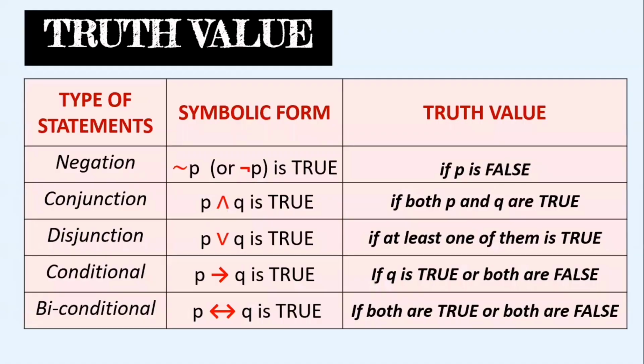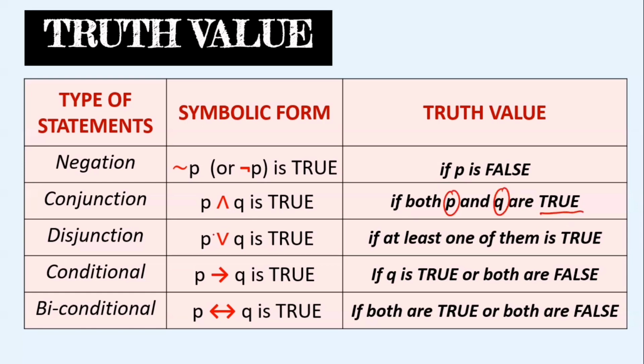So, based dun sa mga definition natin, may naka-state na mga truth value. So, for example, we have statement negation. Okay, true siya kapag ang P natin is false. Condition naman natin ng conjunction, if yung P and Q natin ay true, kapag both ng P and Q ay true.